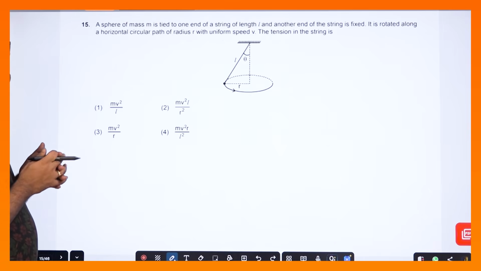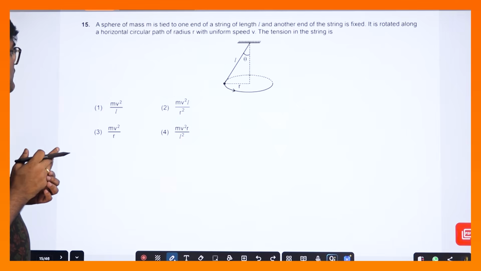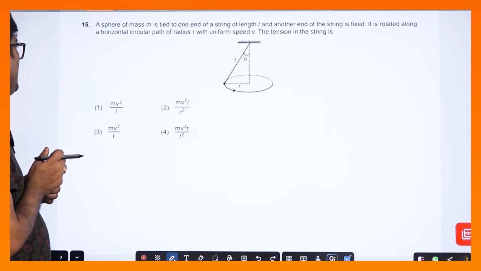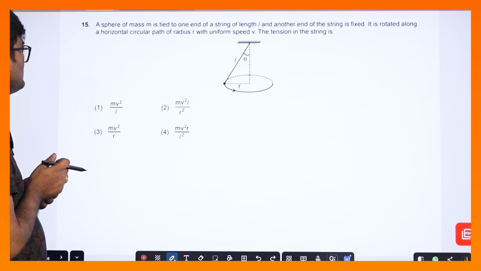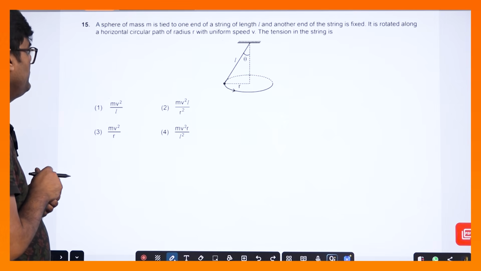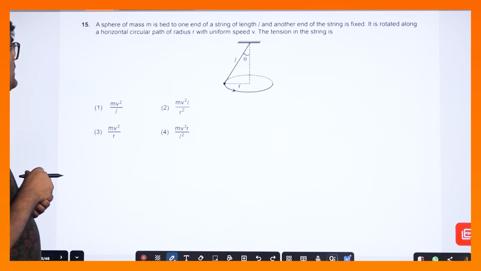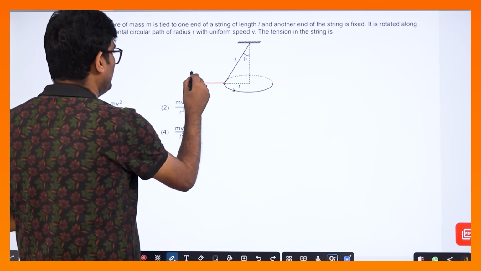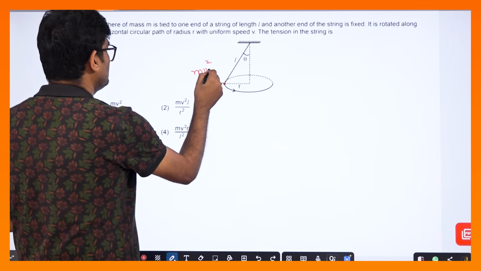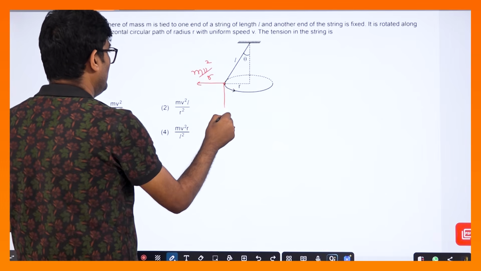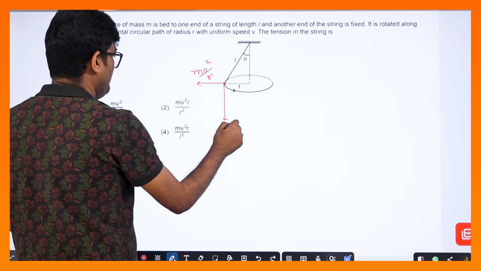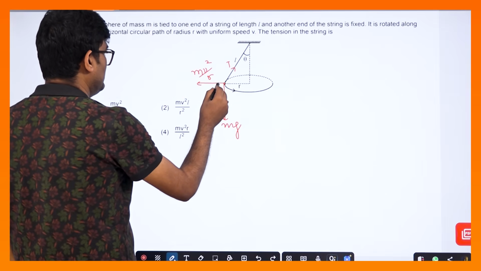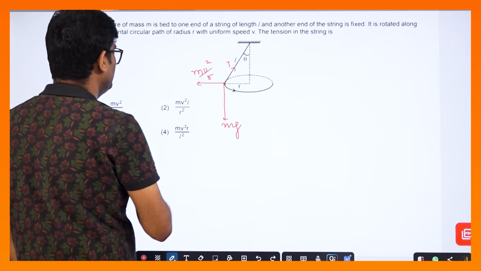A sphere of mass m is tied to one end of a string of length L, and the other end of the string is fixed. It is rotated along a horizontal circular path of radius r with uniform speed. What is the tension in the string? If it is moving with a uniform speed, then from a rotating frame, it must have mv square by r outward, and mg downward. There is a tension T. The tension is the resultant of these two.